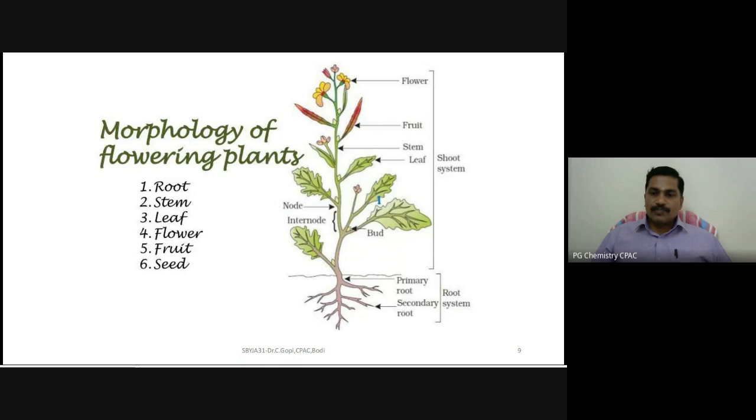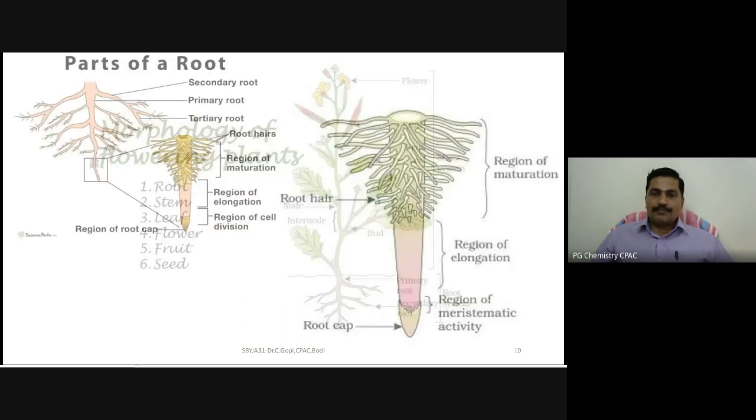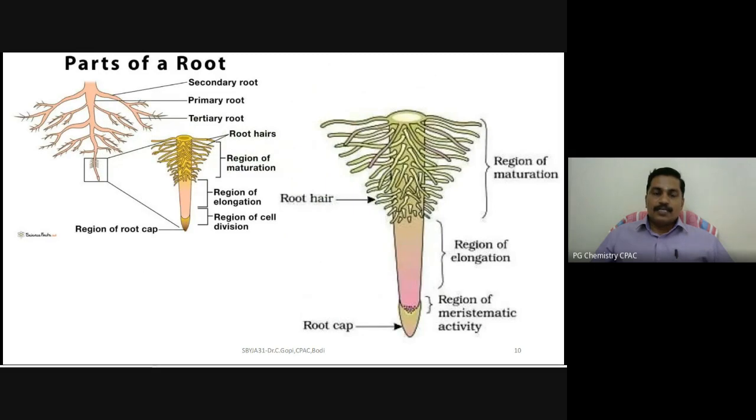The root system consists of primary root and secondary root, and the shoot system consists of stem, node, internode, axillary buds, leaves, fruits, flowers, all those things. So the shoot system is the aerial part of the plant, and the root system is the subaerial part of the plant. So these are the different parts of the root.